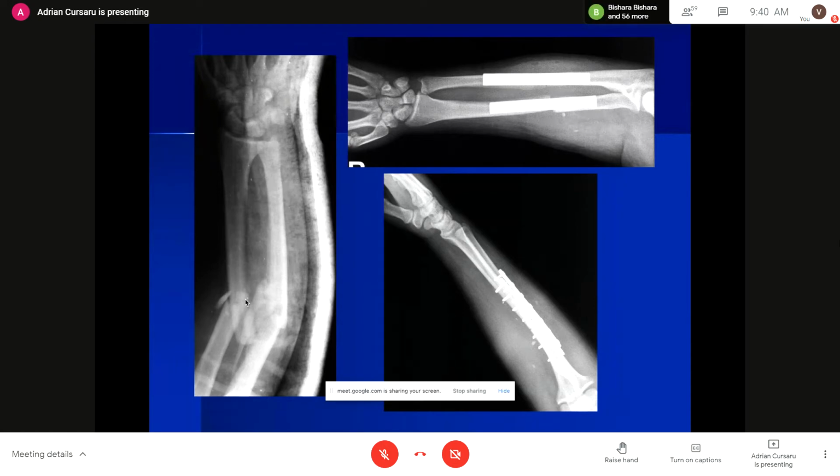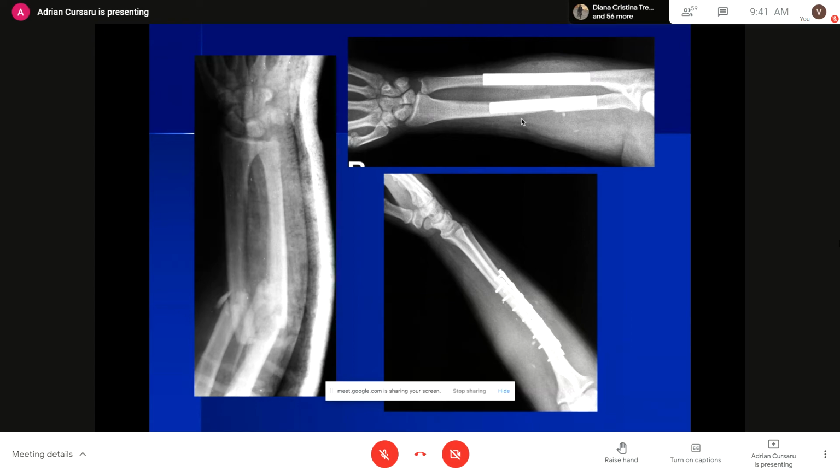What kind of treatment do you think we made in that case? Surgery. Surgery, very good. Do you think it's an open reduction or a closed reduction? Because we discussed the gold standard treatment for the closed fracture, and it is a closed fracture.